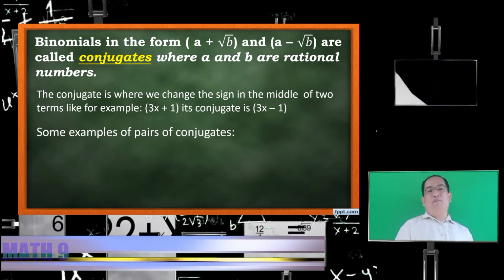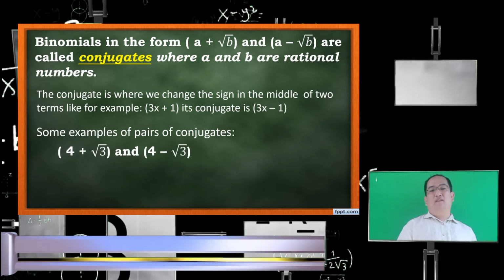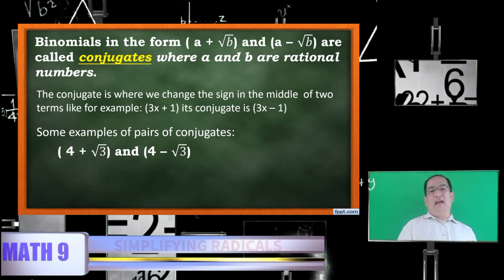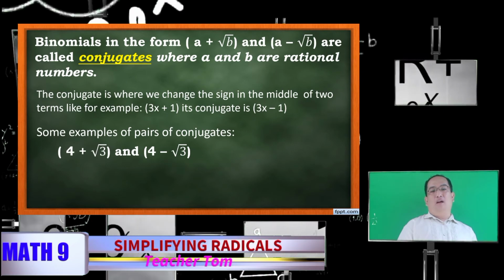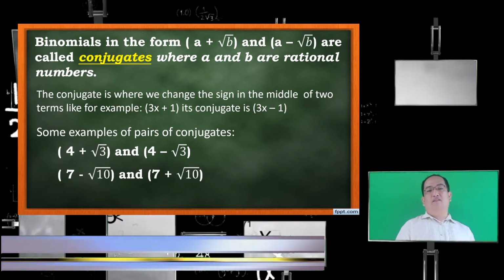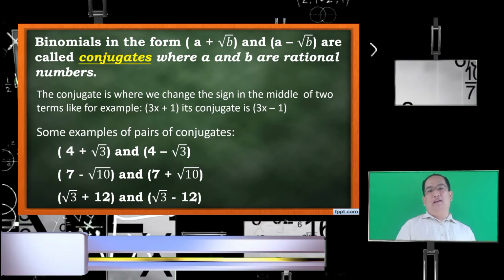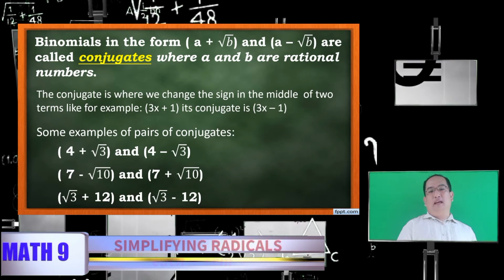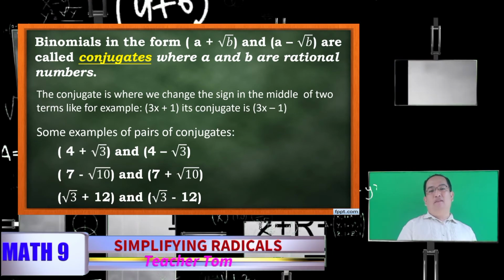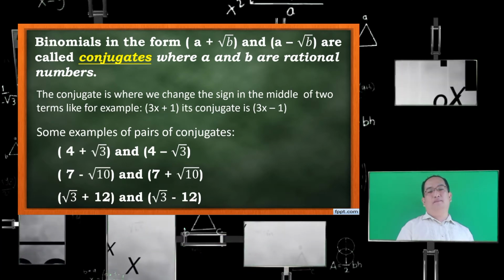Here are some examples of pairs of conjugates. 4 plus square root of 3 and 4 minus square root of 3, 7 minus square root of 10 and 7 plus square root of 10, square root of 3 plus 12 and square root of 3 minus 12.